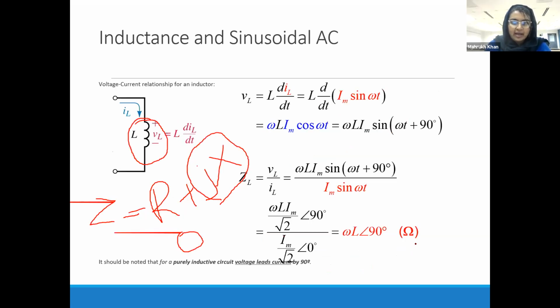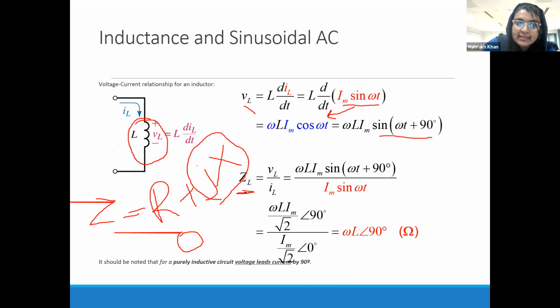Now see here, they have explained how you get j omega L. For the experiment you don't need to know, but for theory you need to know, so I'll quickly go through it. They are saying VL equals L dI by dt. If this is Im sine omega t, that derivative will give you cos omega t, which is actually equal to sine omega t plus 90.